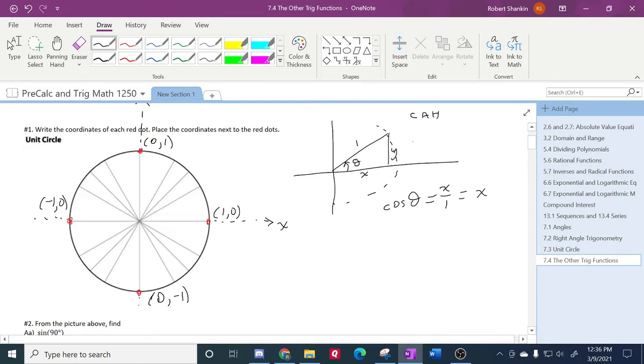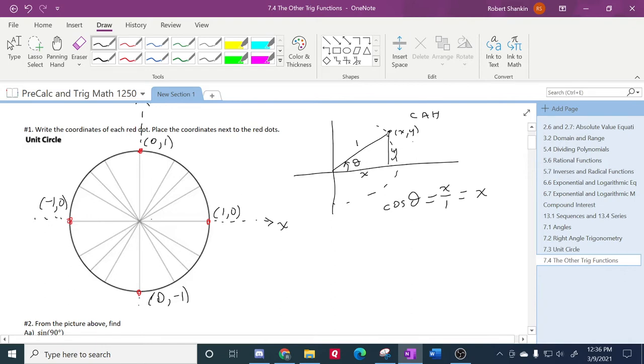The cosine of the angle is the same as the x-coordinate of this point. If I was able to write the x and y coordinates, the x coordinate I wrote is the cosine of that angle, and the y coordinate is the sine of that angle.